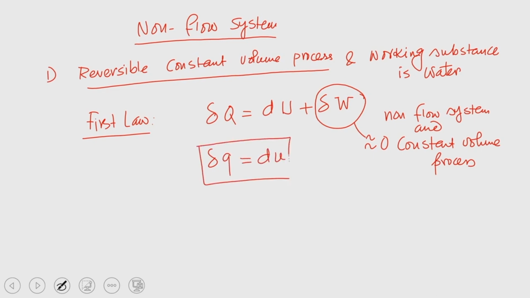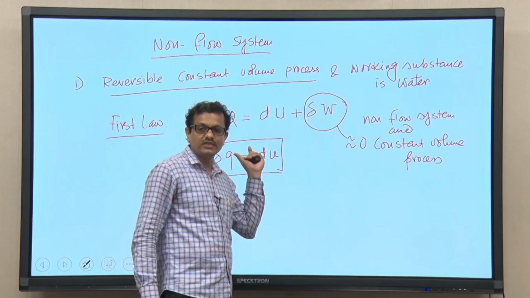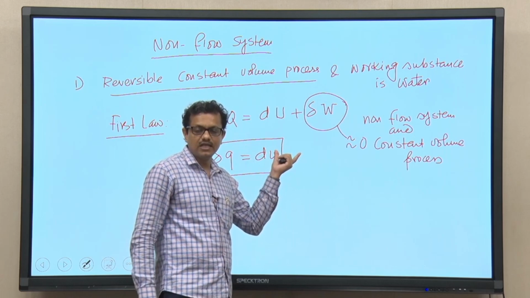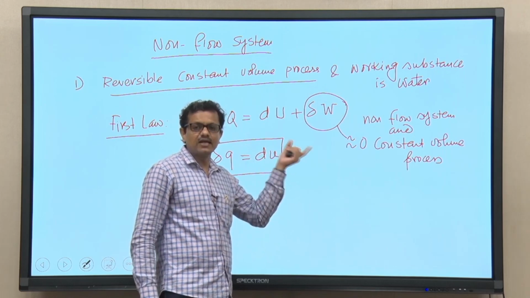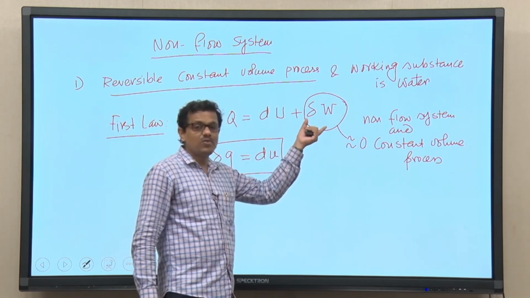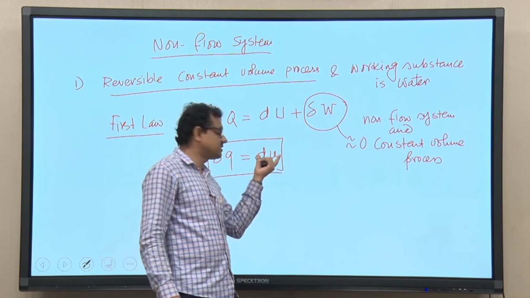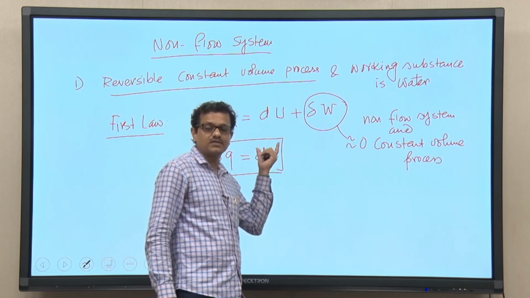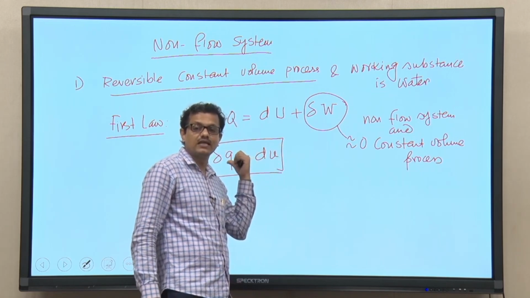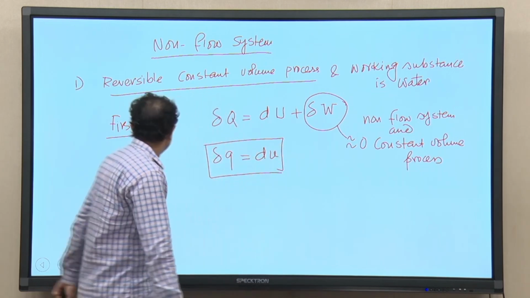This is the first law. You can understand that the change in internal energy within the system is nothing but the amount of heat added to the system. If heat is added and the change in volume of the substance is 0, then the change in internal energy is nothing but the heat added to the system.